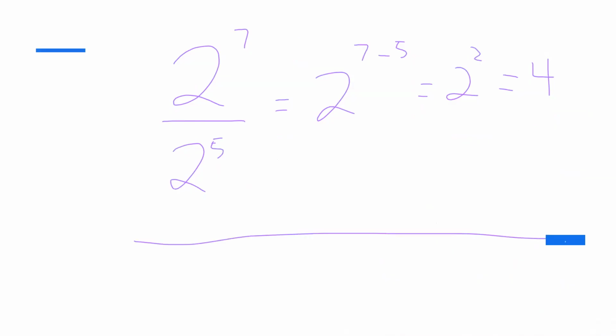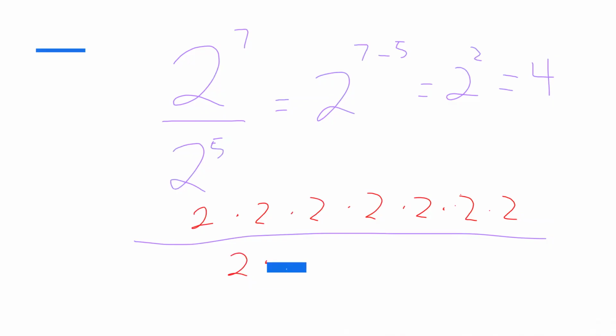To break this down, 2 to the power 7 is 2 times 2, seven times: 1, 2, 3, 4, and 3 more, 5, 6, 7. And then at the bottom, I've got 2 times 2 times 2 times 2 times 2.